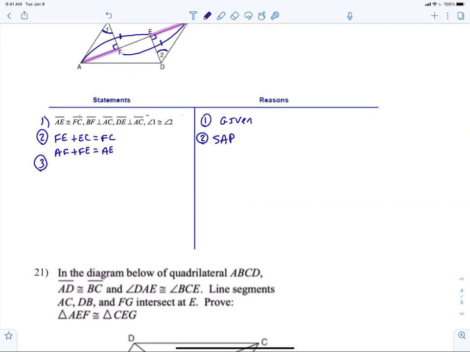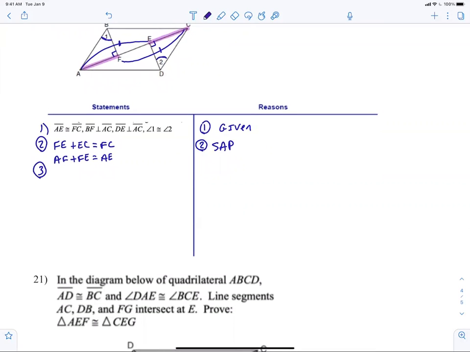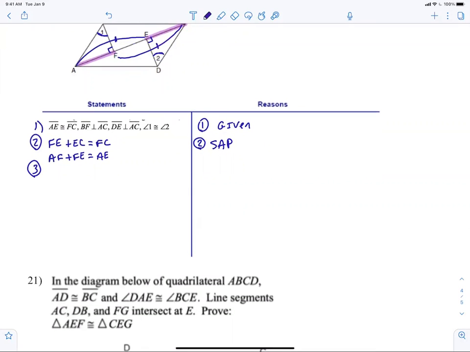Do we agree that AE is equal to FC? I'm not sure if I heard you correctly. This is congruent to this now.